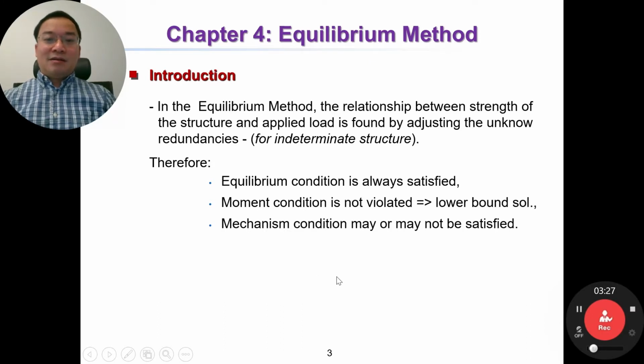The mechanism condition may or may not be satisfied, depending on our initial assumption.